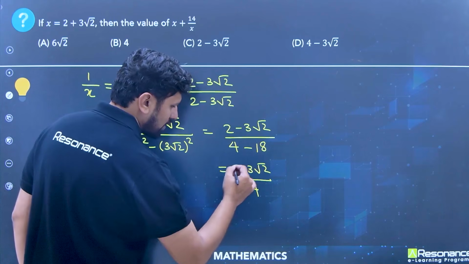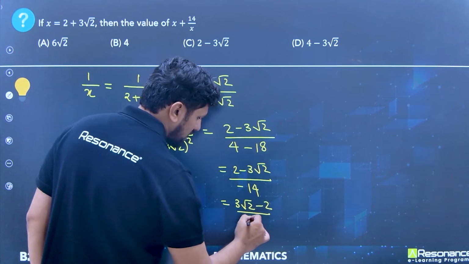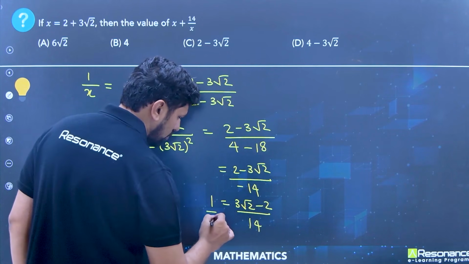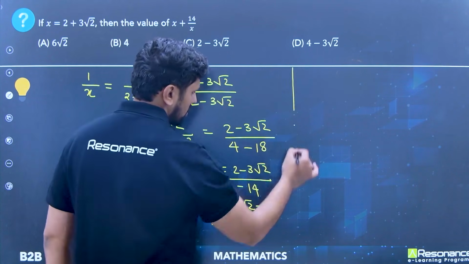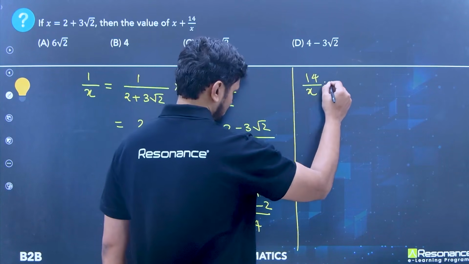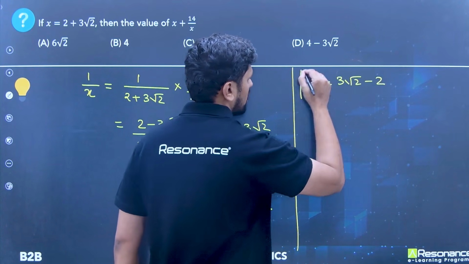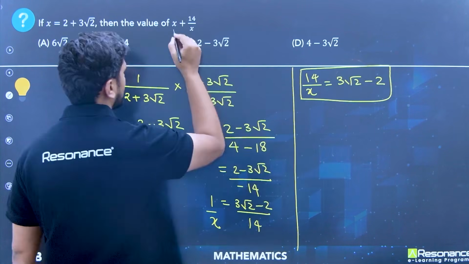Now I will transfer the negative side to numerator. So 3 root 2 minus 2 upon 14 equal to 1 by x. Just cross multiply 14. So 14 by x is equal to 3 root 2 minus 2. We got the value of 14 by x.